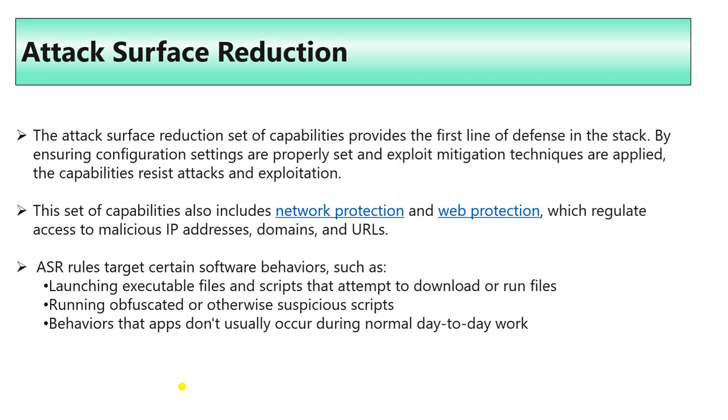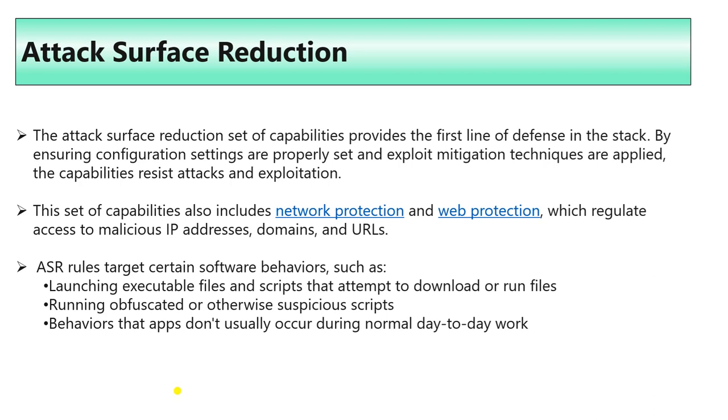Basically, ASR has two things: network protection and web protection. When any attack happens through the network or the web, the ASR rule will help you detect and block it based on your rule. This will regulate access to malicious IP addresses, domains, and URLs.